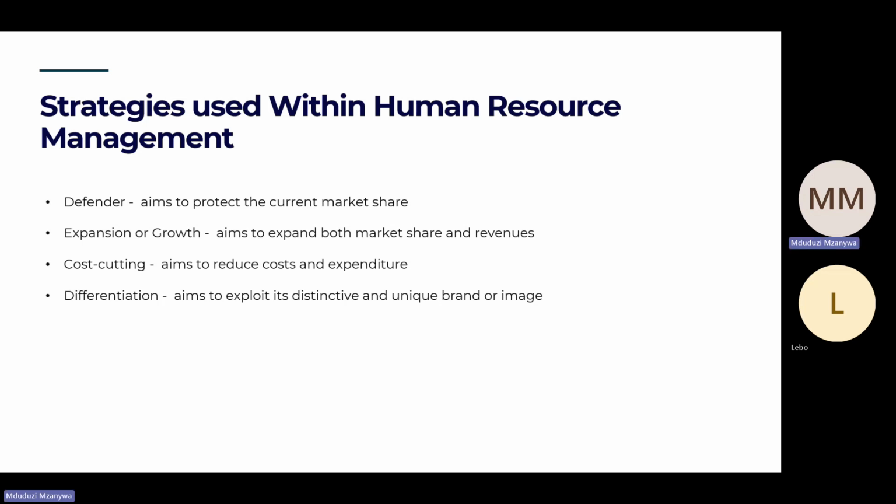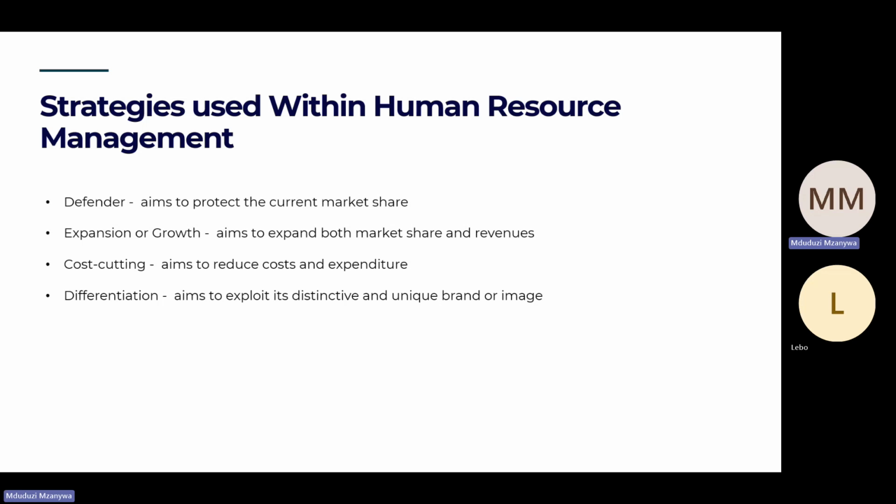Now, there are expectations from the human resources management with each strategy decided by the organization. Now, what you see here are different strategies that an organization could decide on choosing. Whether it chooses the defender strategy, where the organization would say we would want to remain with our market share. We don't want to grow, we don't want to do anything, we just want to maintain.